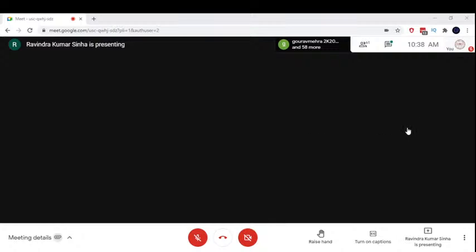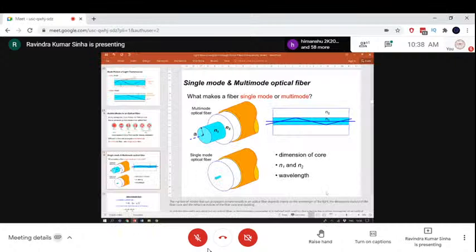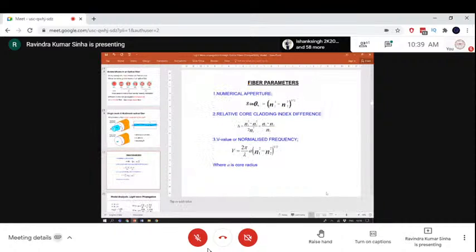That is possible. So fibers are classified in terms of the number of modes propagating as single mode and multi-mode.